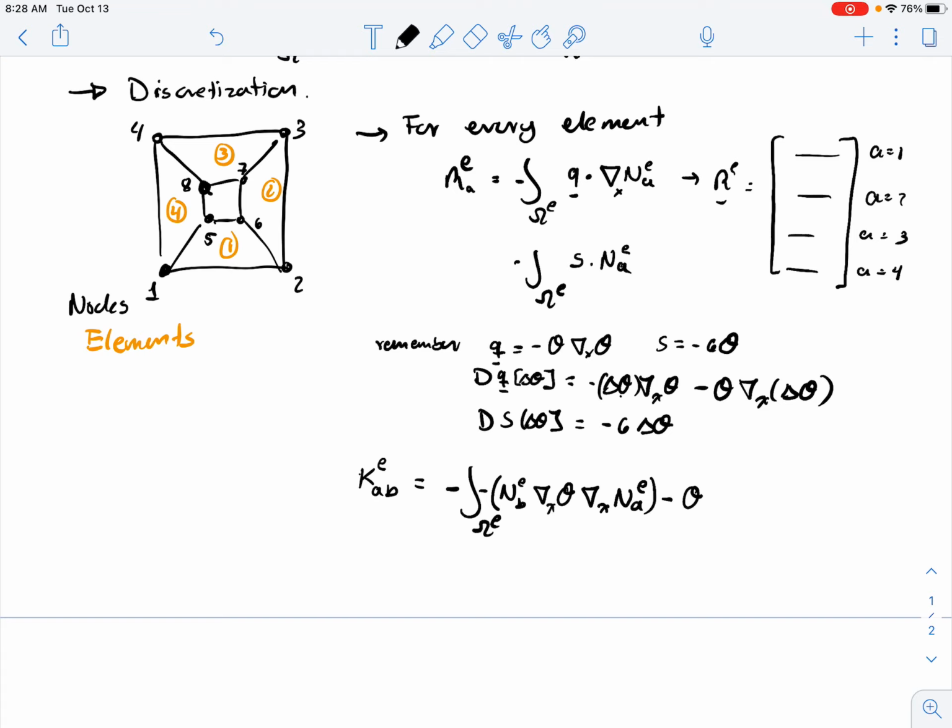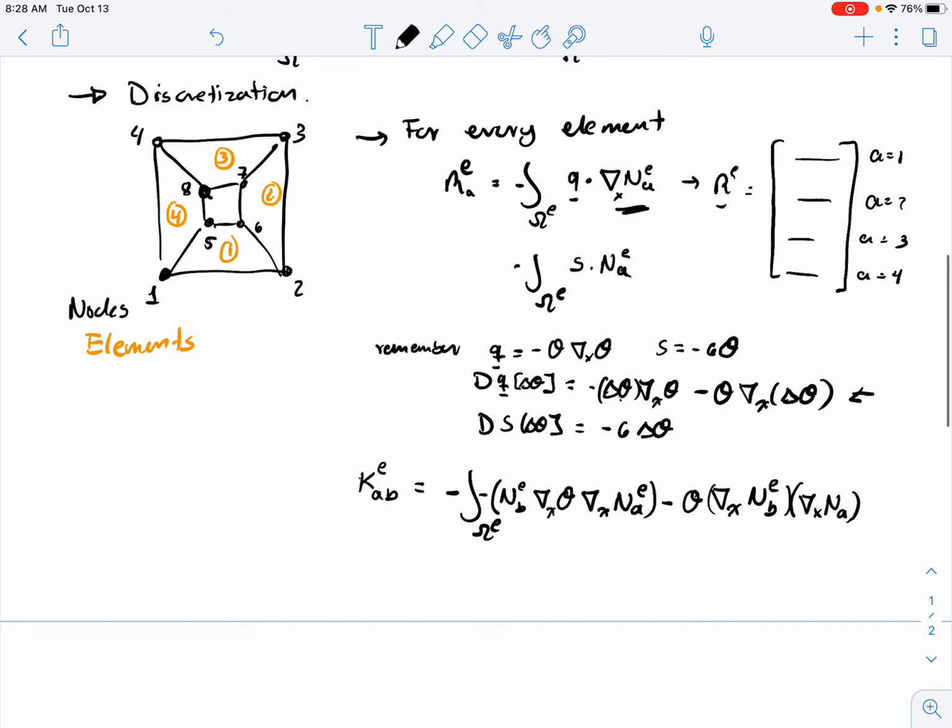Again, when I plug in the definition of the increment as shape functions times nodal values, I'm going to end up with gradient of NB, right? And that times gradient of NA, because this part right here is only the linearization of Q, I still need to multiply by this gradient of NA. So that's from the linearization of Q, and you can see that we get these shape functions for B.